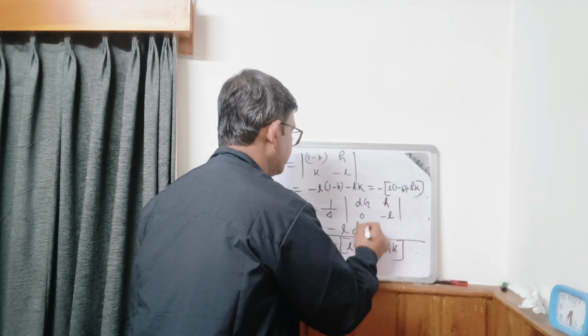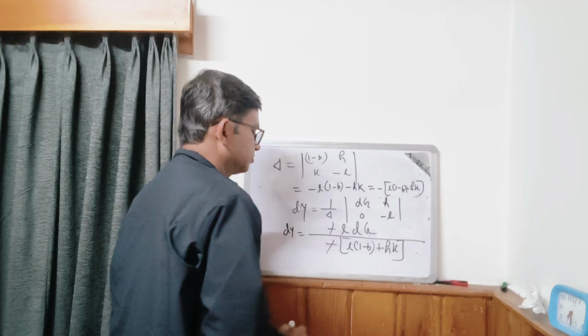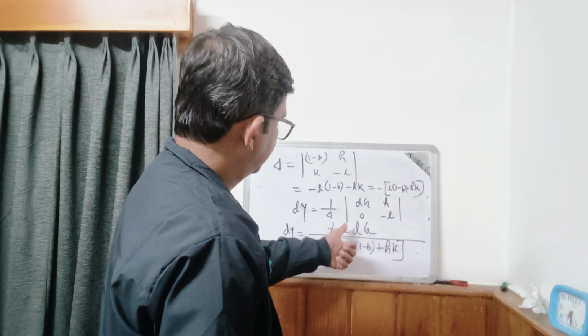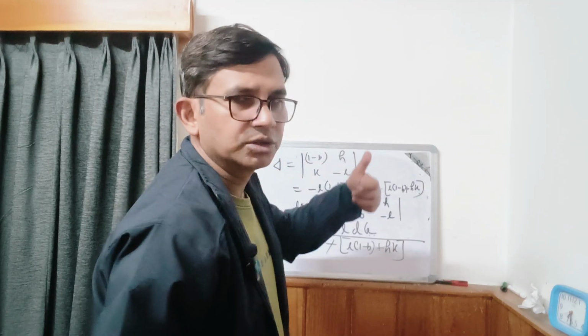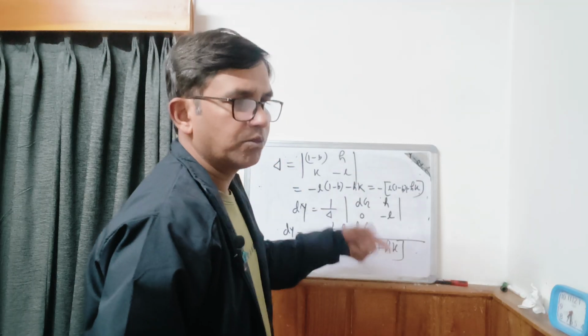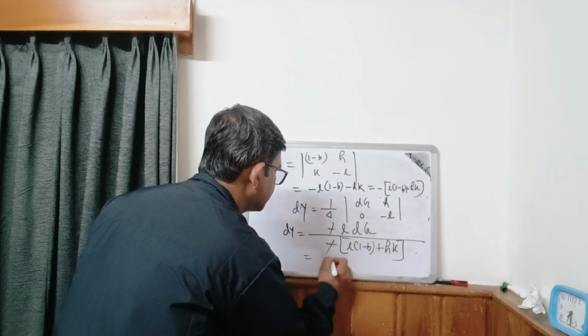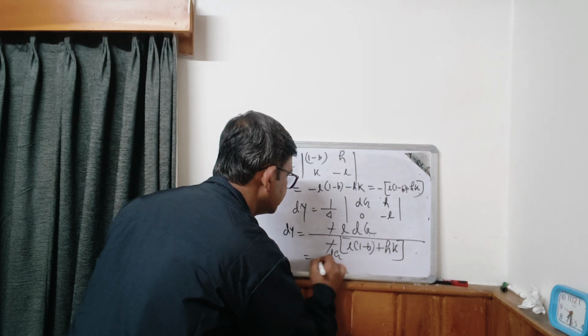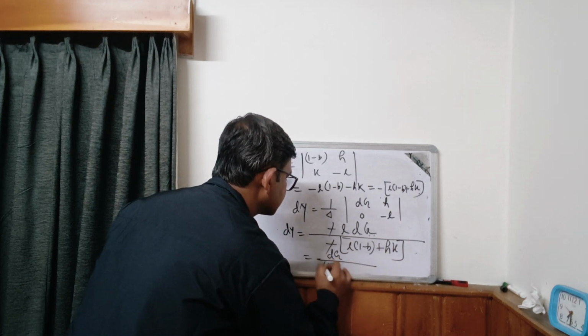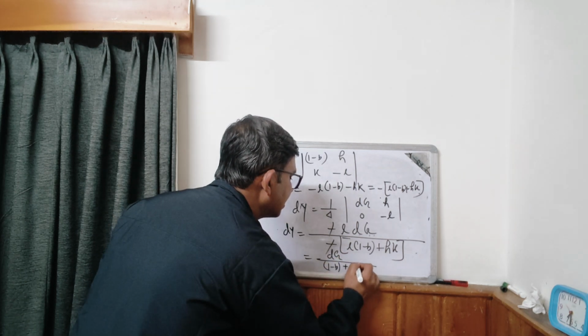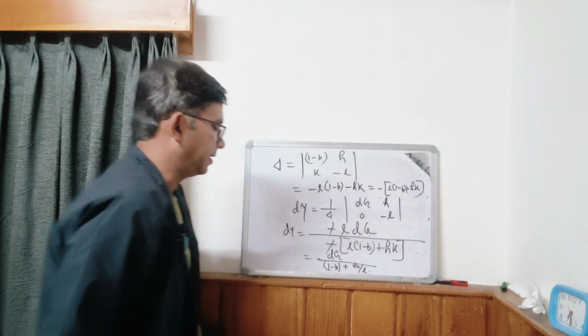Minus L into dG. So minus minus will be dismissed, and if we divide both numerator and denominator by L, what will we get? dY equals to dG over 1 minus b plus hk divided by L.